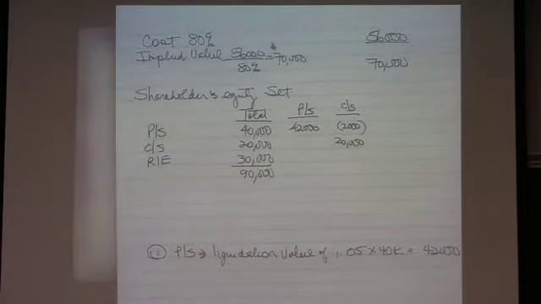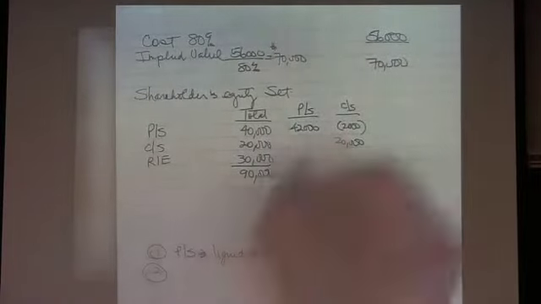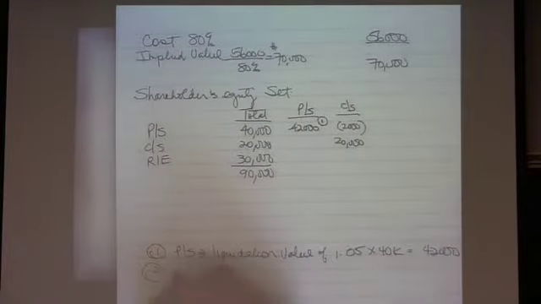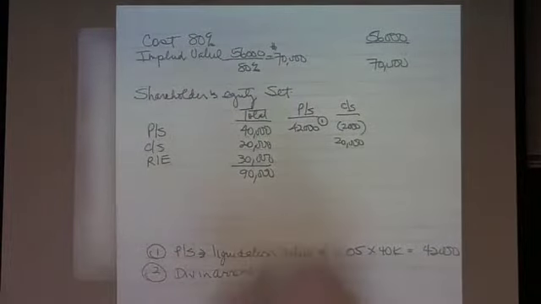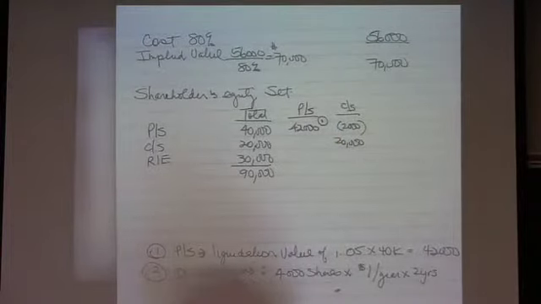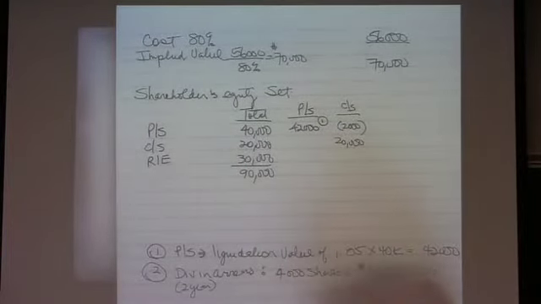Now, with retained earnings, I'm going to put a little 1 there. We've got to figure out for retained earnings how much of that goes to preferred. Well, we know that there are dividends in arrears, and that was for 2 years. So there are 4,000 shares times $1 dividend per year times 2 years in arrears, and that gives us 8,000.